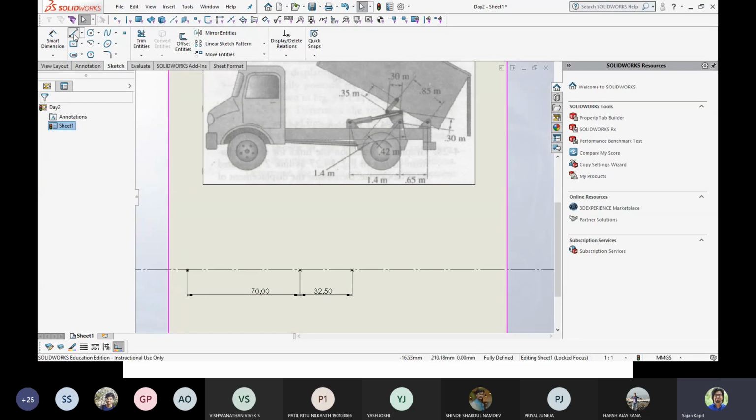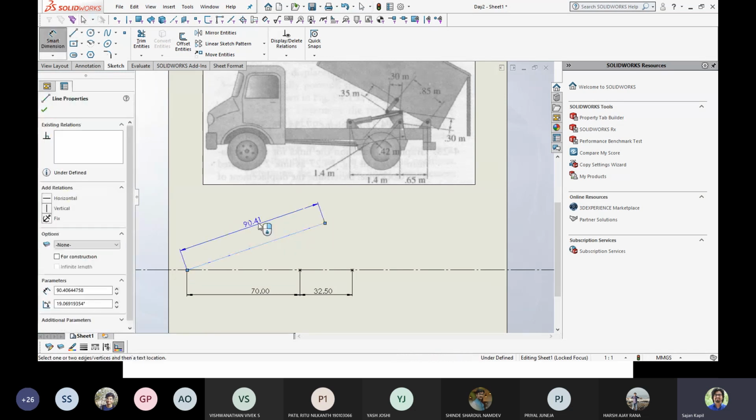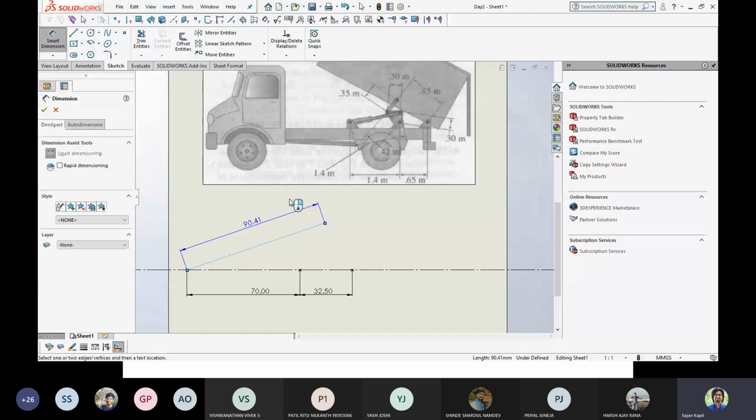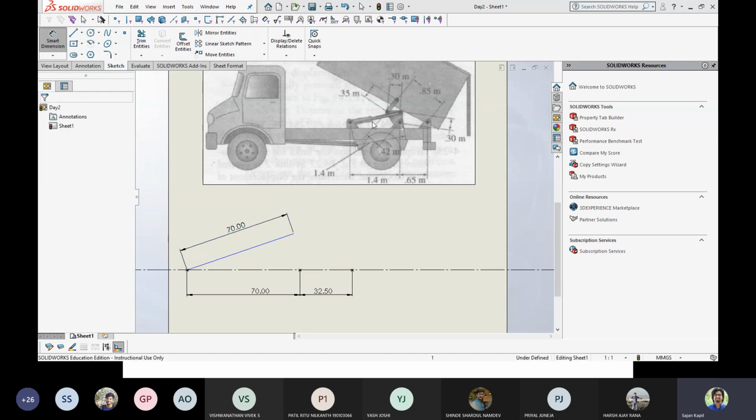Fine, if I know this distance 1.4, what I'll do is draw a link from here, and I know its distance, it is 1.4 multiplied by the scale, that is 50. This is going to be the length of the actuator, I mean the cylinder piston arrangement. I'm not making the piston here because it's rough only.